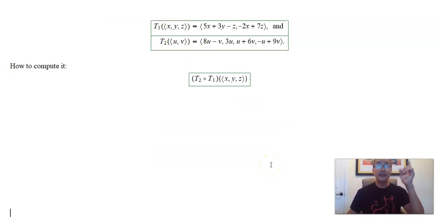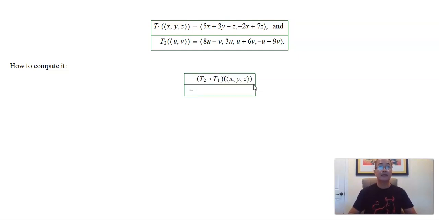Okay, so now that we know that it is possible, let's actually do it. How will we compute T2 compose T1 evaluated at x, y, z? So, again, the definition says you take T2 as your outer function, and then you plug in x, y, z into the inner function T1.